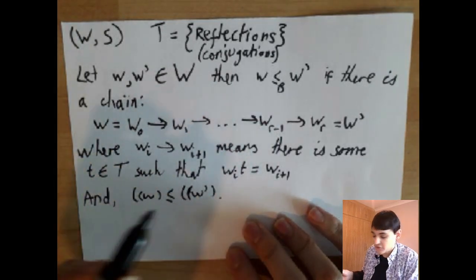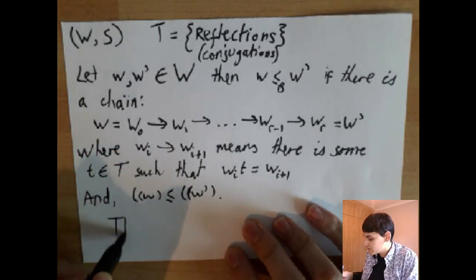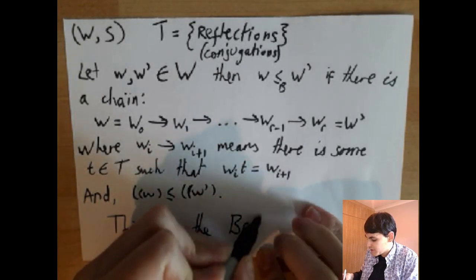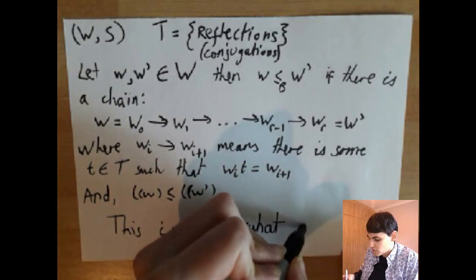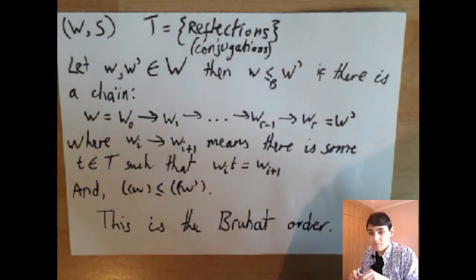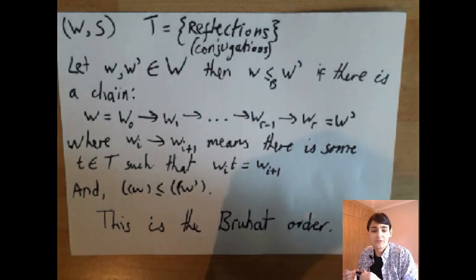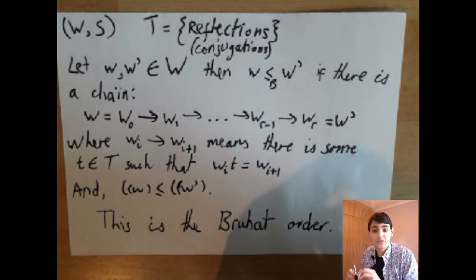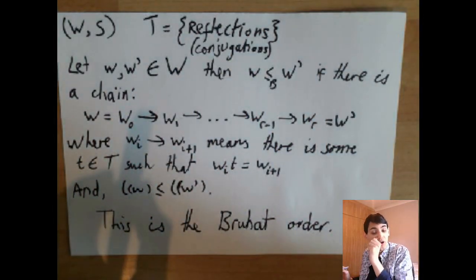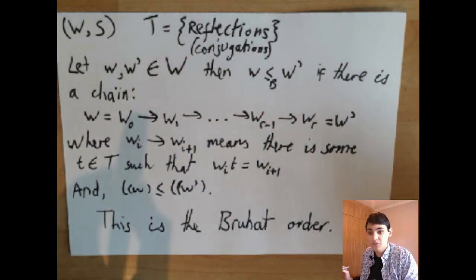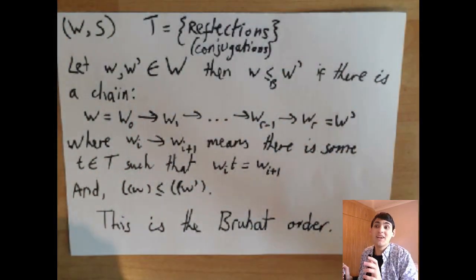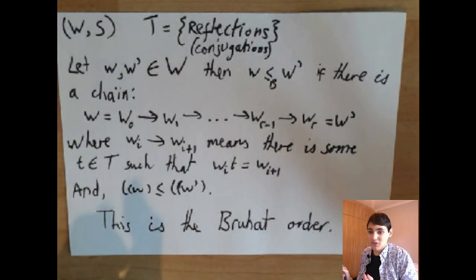That's very important. And this is the Bruhat order. It's named by Verma after a mathematician, Francois Bruhat, because of the relation of this ordering to the Bruhat decomposition of Weyl groups. And you can read up about that in your own time, but it's beyond what we're going to be talking about.